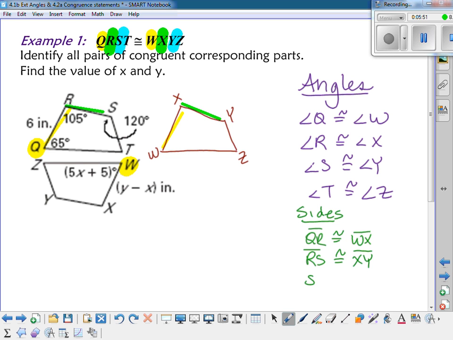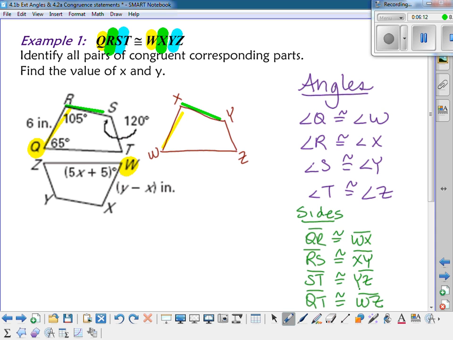And then ST is congruent to YZ. And QT is congruent to WZ. So those are my corresponding angles and sides.